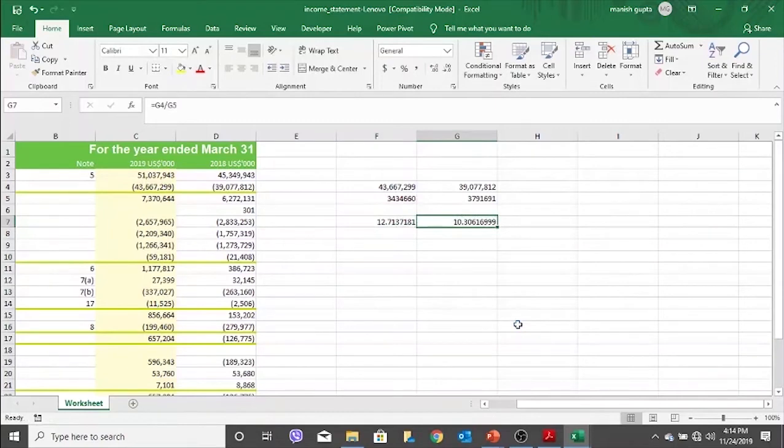So what does it tell you? The company holds $3 million worth of inventories and it can generate $43 million cost of sale. So it means the company is turning around its inventory 12 times.